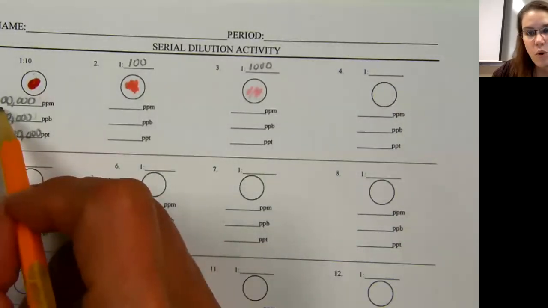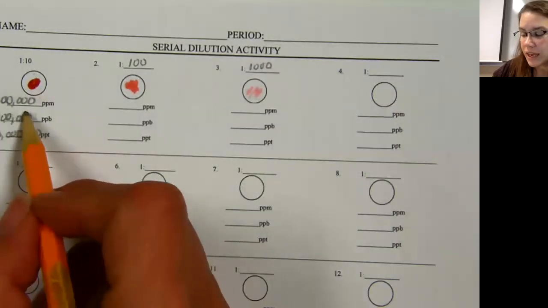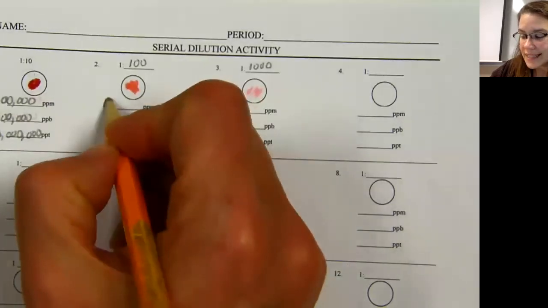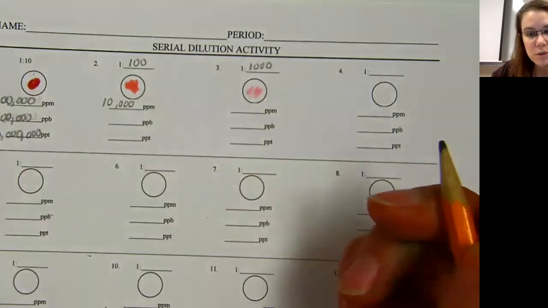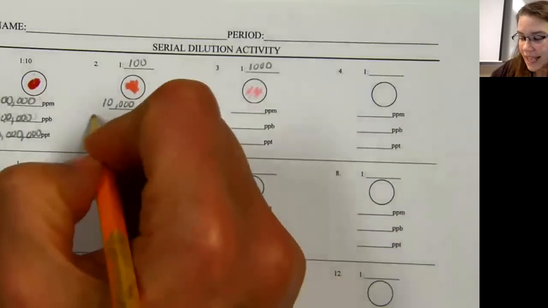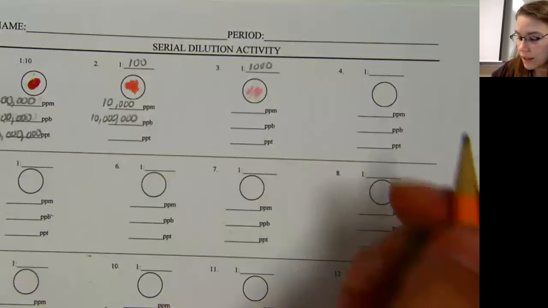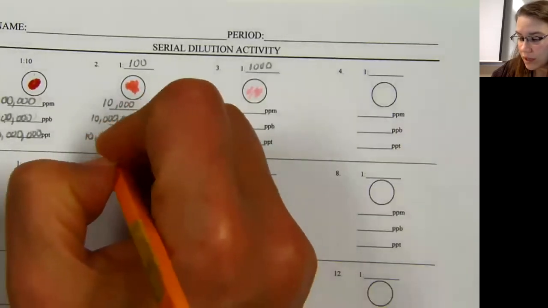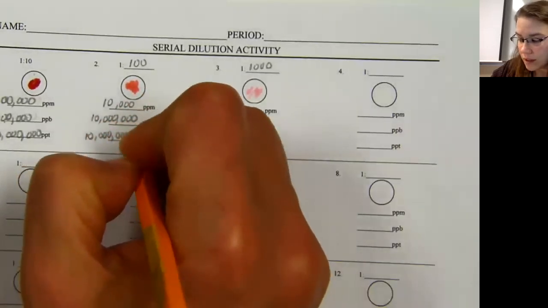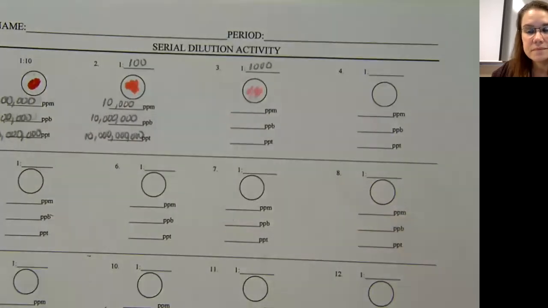However, instead of 100,000 parts per million, now we are at 10,000 parts per million and 10 million parts per billion and 10 billion parts per trillion.